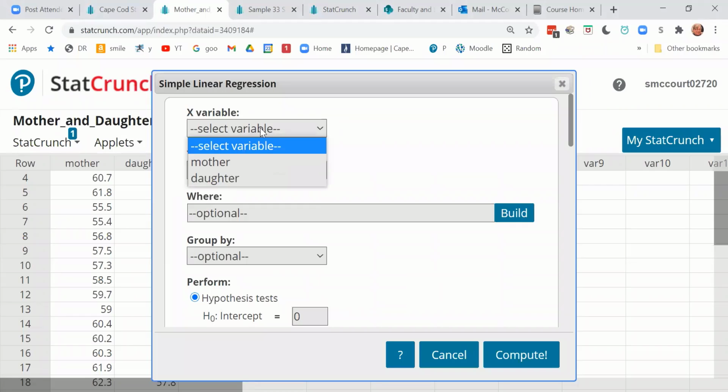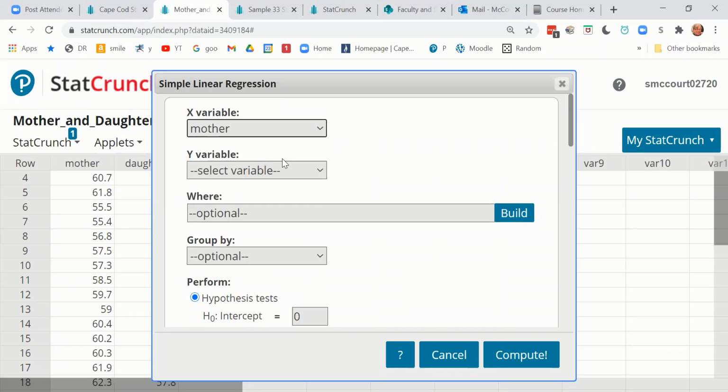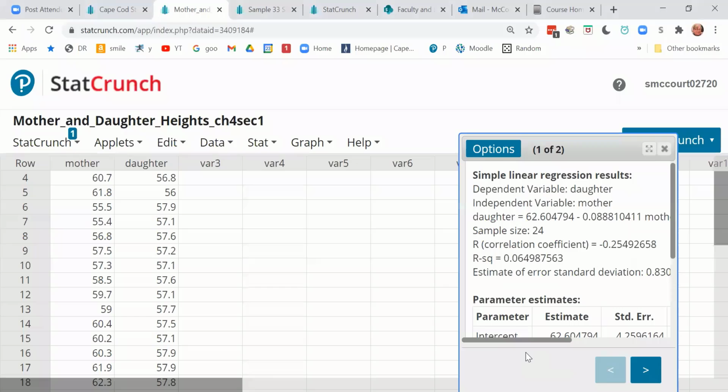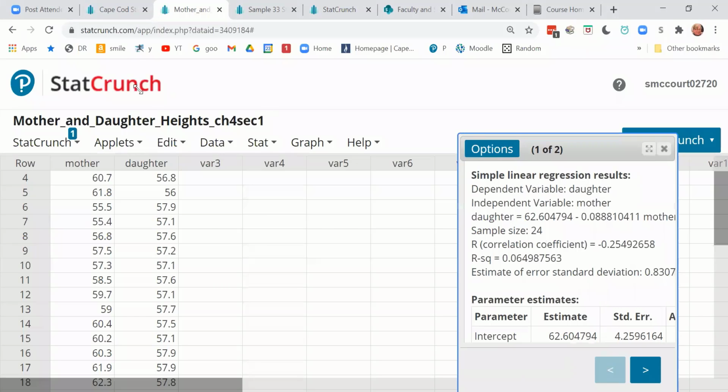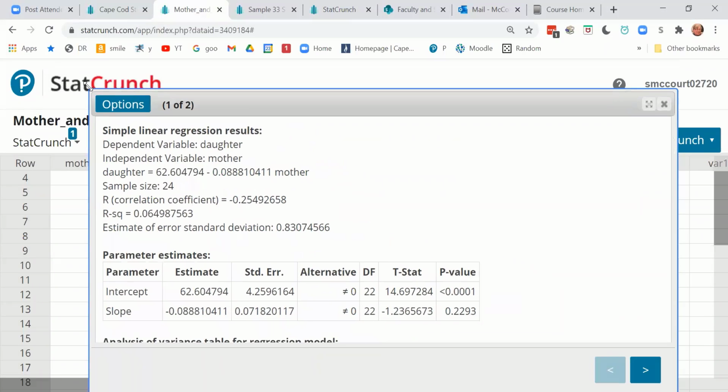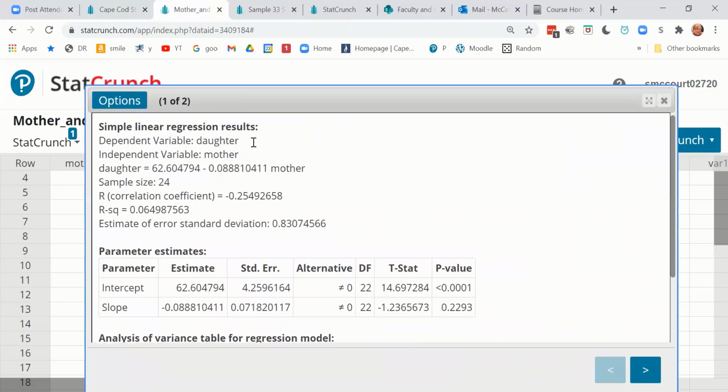Our X variable is our predictor variable, which is mother, and our Y variable is daughter, because we think the mother's height may predict the daughter's height. For now, we just ignore everything here and click Compute. I'm going to make this big because this is what we need to see. So we have our variables, our line equation, our sample size, our correlation coefficient, and our R squared.